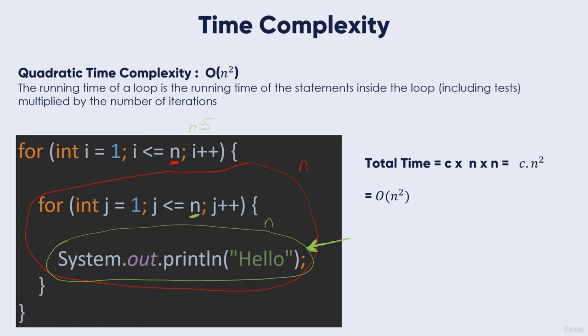So this constant time in blue corresponds to C. Okay. And this n in green refers to the inner loop inside the outer loop. And this n will be referring to the outer loop. Okay?